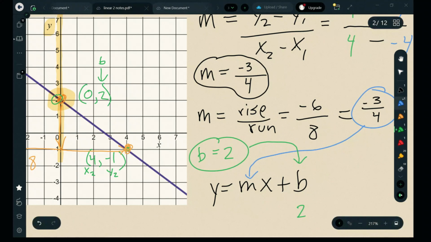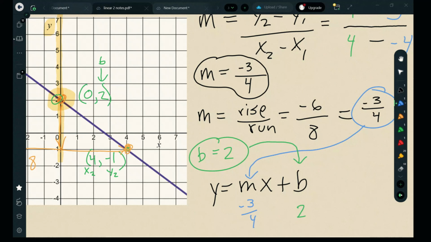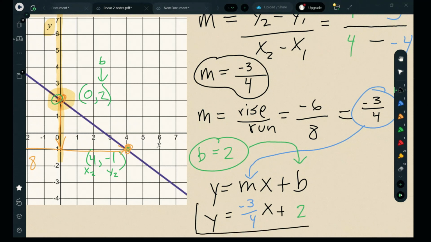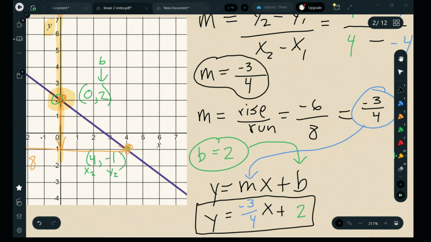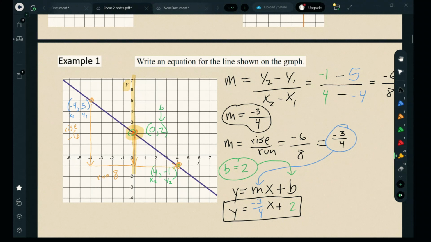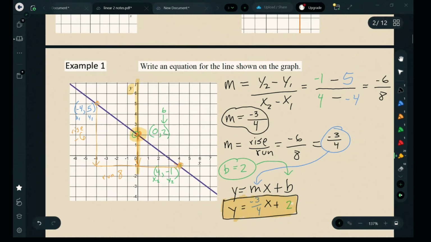So that's a 2. This is negative 3 over 4. Everything else is going to stay the same. y equals negative 3 over 4 x plus 2. There's our answer. And we're done.